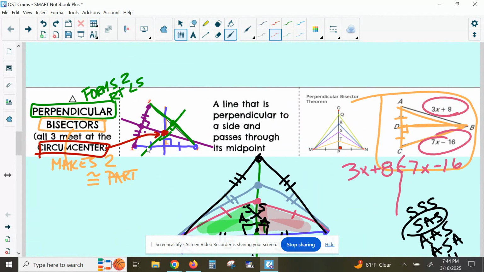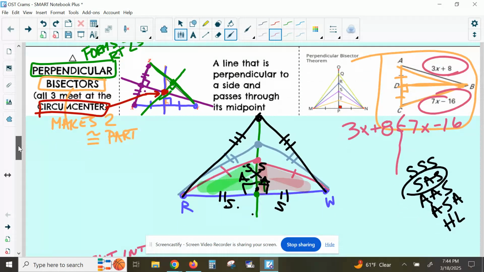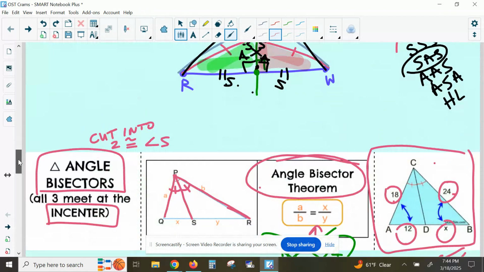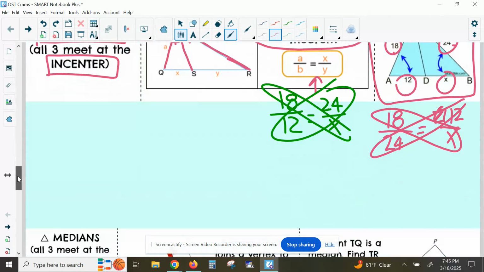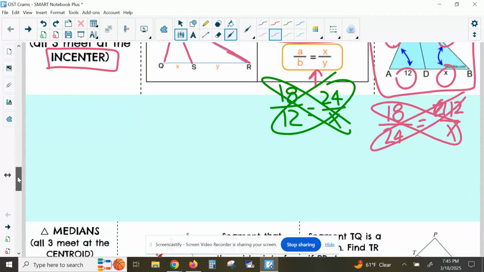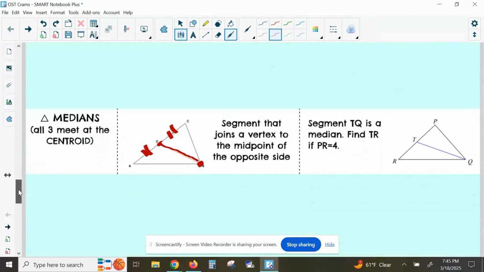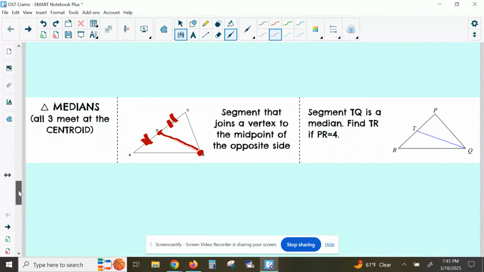Remember, those were perpendicular, so they did hit the midpoint of this side, except they didn't necessarily go to the vertex on the other side. So sometimes it will be the same line, like if you have a perfect equilateral triangle. Sometimes a lot of these are the same thing, but if you have any funky shaped triangle that's not perfect, you gotta just follow the directions.